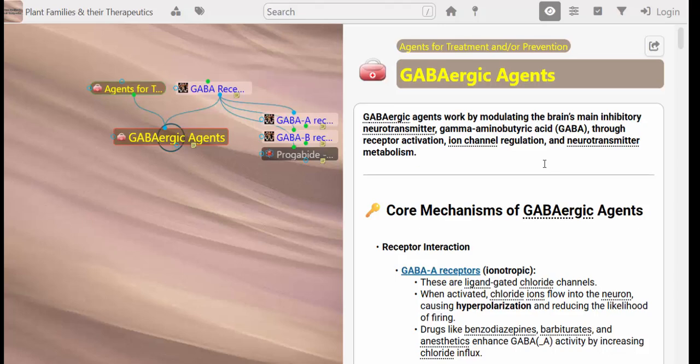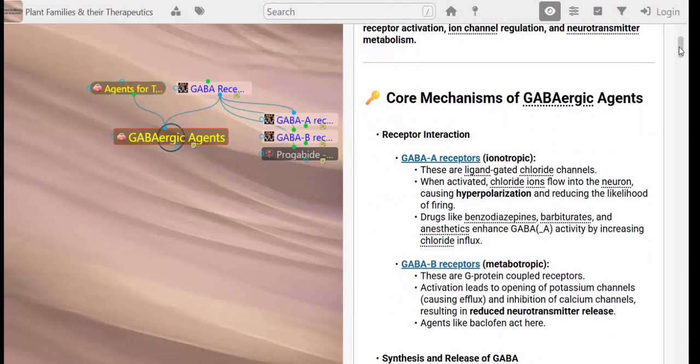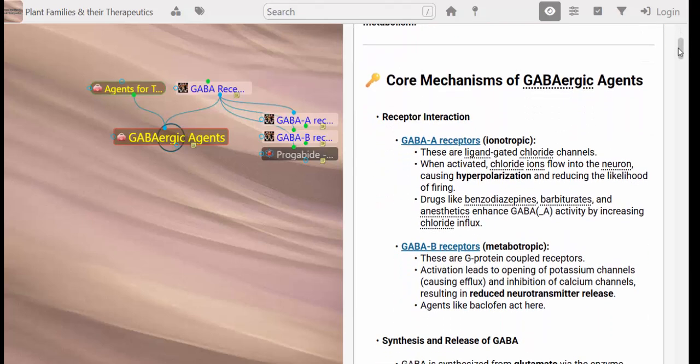Remember, seizures are channelopathies, problems with ion channels, and also neurotransmitter metabolism. Here are the core mechanisms. We have two main types of GABA receptors, GABA A and GABA B. They act differently. Some herbs act on GABA A receptors, other on GABA B.